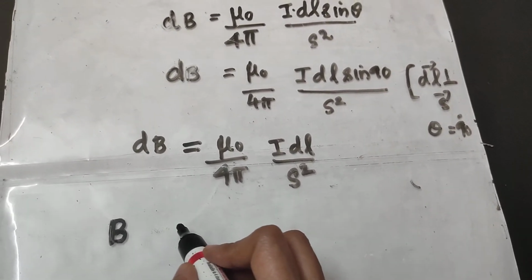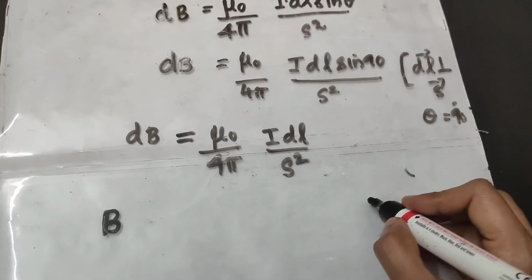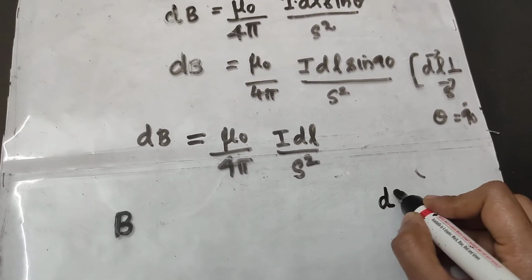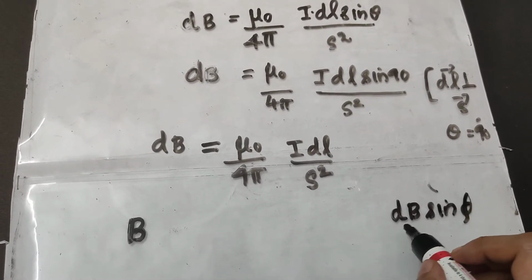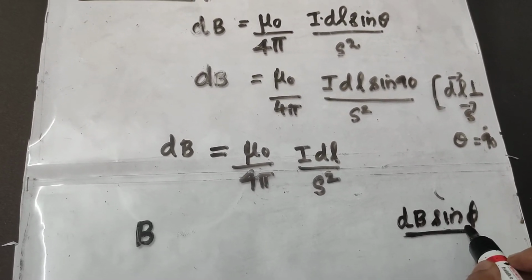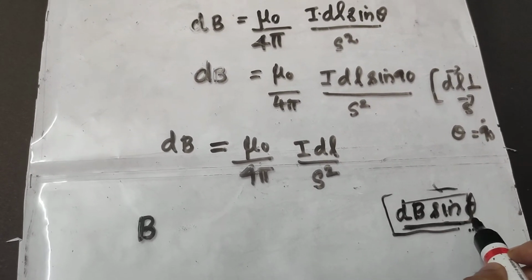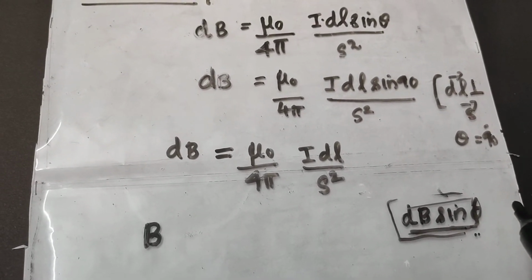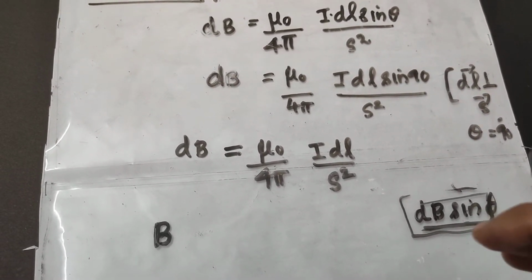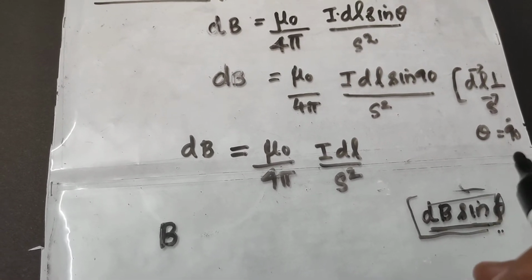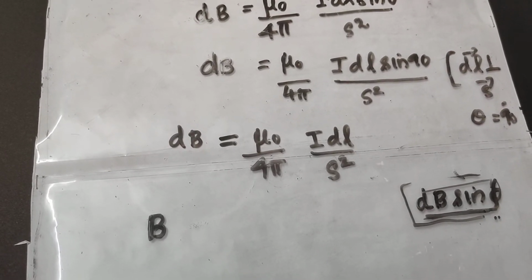So how do we find the total magnetic field? We know dB sin φ is the only component which contributes to the magnetic field. We have already studied that the circular loop is divided into small elements, so we have to consider the contribution due to each element.